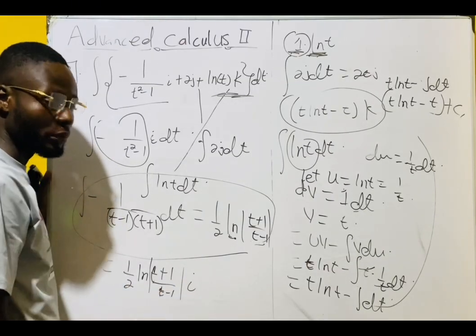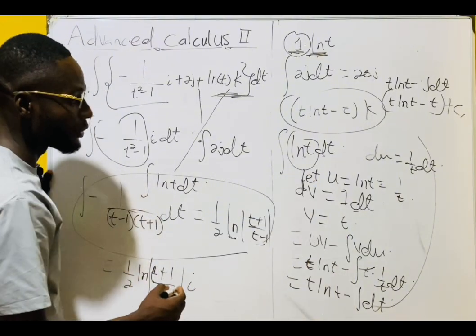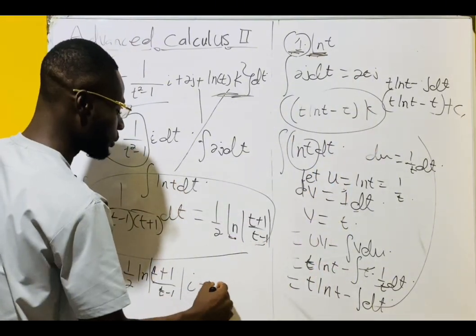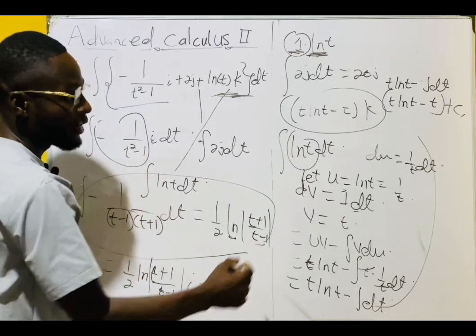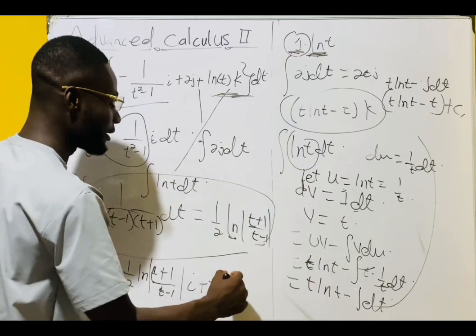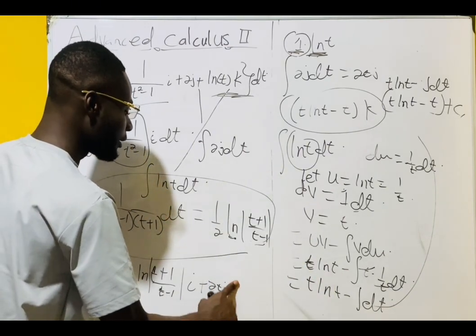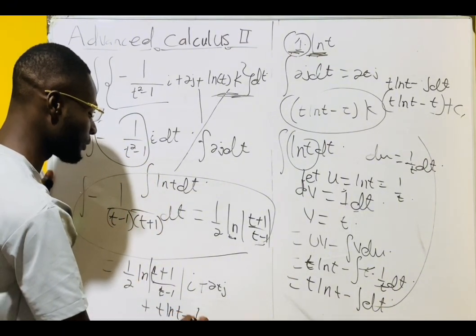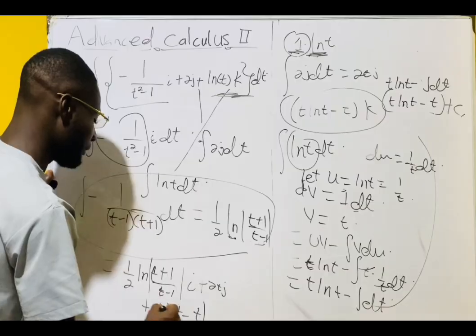That is the i component. And the second component is going to be 2t j. And the last component, which is the ln t, is going to be t ln t minus t. Right.